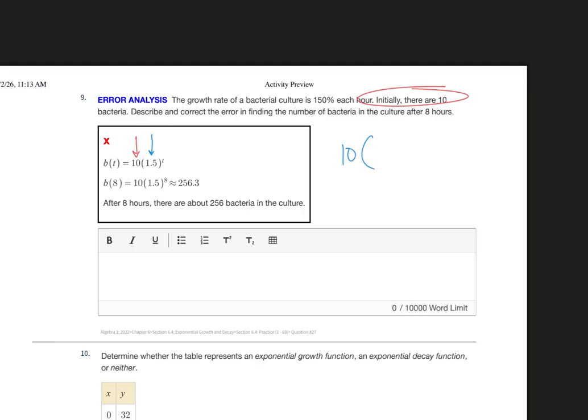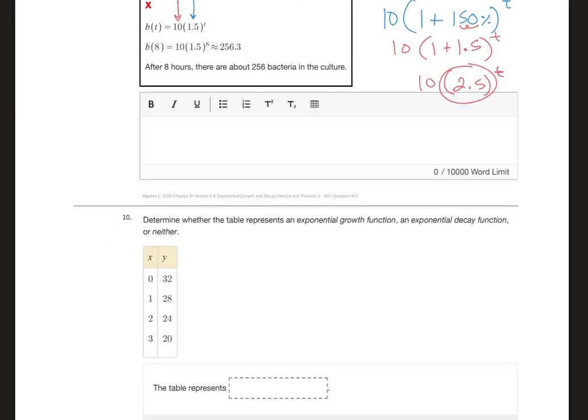It would be 10 times 1 plus 150%. And what 150% looks like is 1.5. So we would get 10 times 2.5 to the t power. That is our problem. It should be 2.5 to the t.